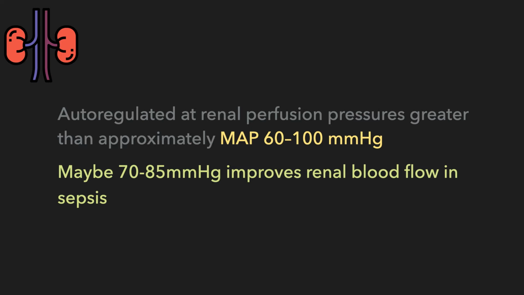I think the literature is fairly consistent in saying that if you have a patient with chronic hypertension or renal vascular disease, it may be reasonable to increase your MAP to 70 to 85 to increase renal perfusion pressure, and that can potentially improve renal blood flow. If you increase the MAP to more than 85, there's no benefit, just more risk for tachyarrhythmia.